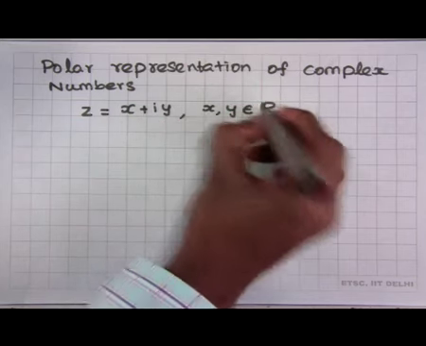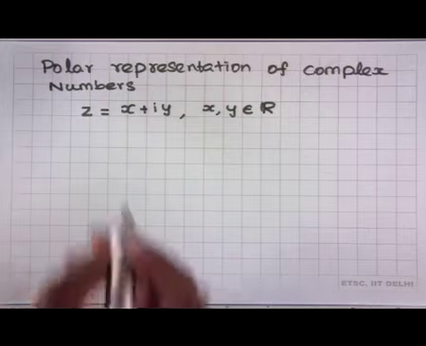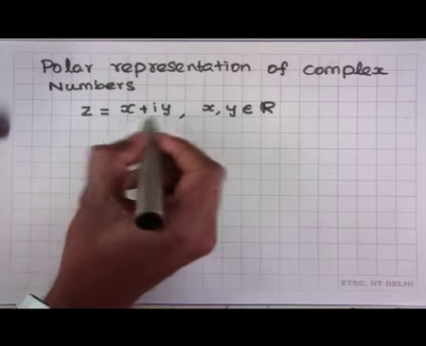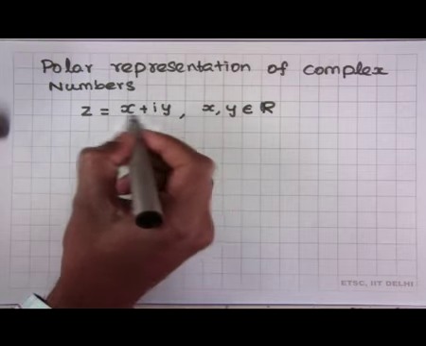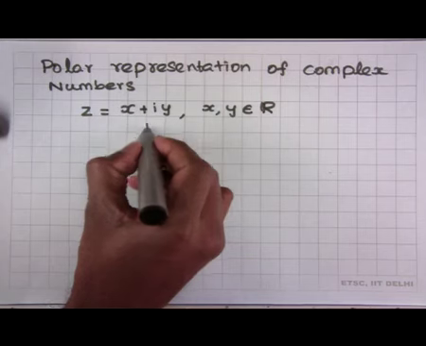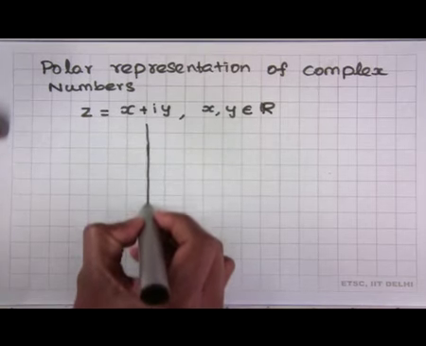are real numbers. Once we are given a complex number, we know that we can associate this to an ordered pair x comma y. It means that we can associate this point in the plane.